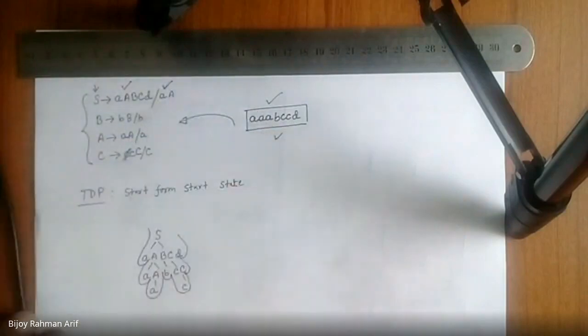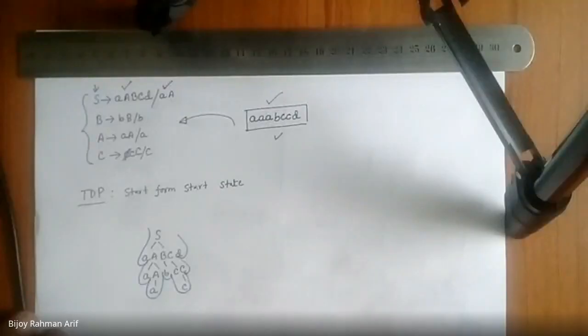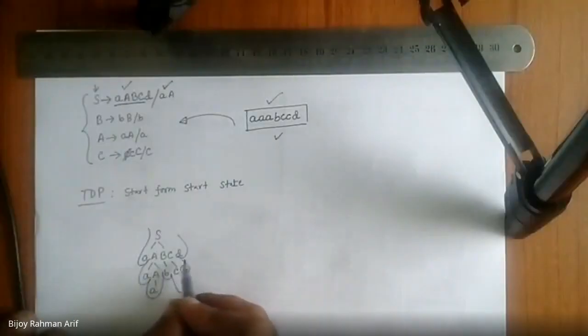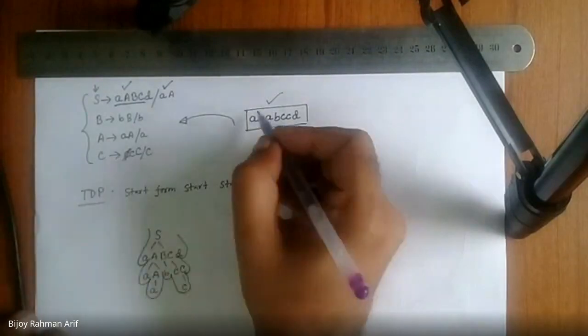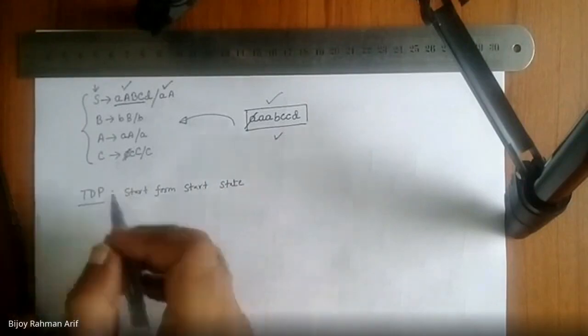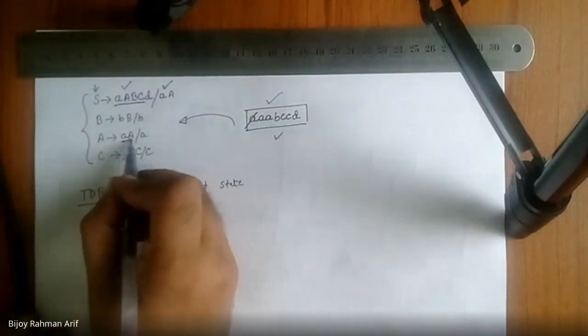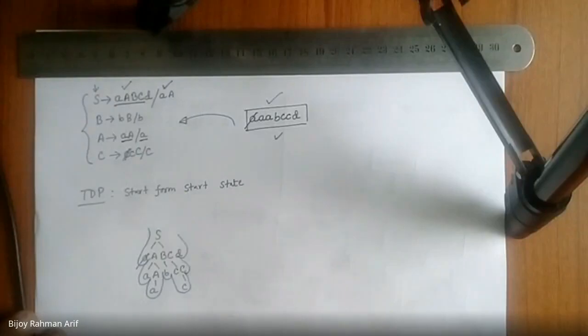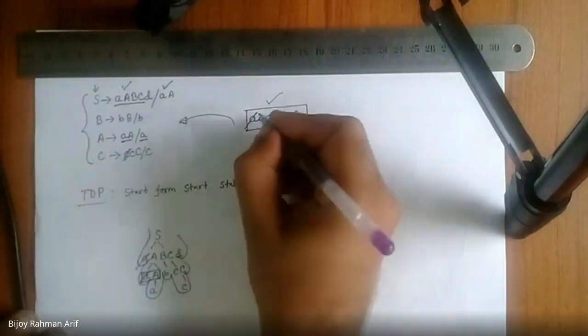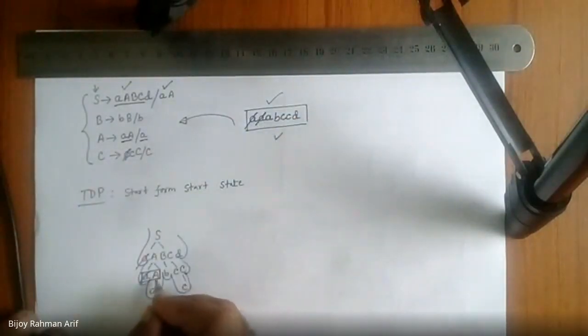Which rule have I used? The first one. So I match A. Then again, when I get another variable A, I again have two options. Which one am I going to use? The first one. So I again use this one. Then A matches. Then finally I again get another A.